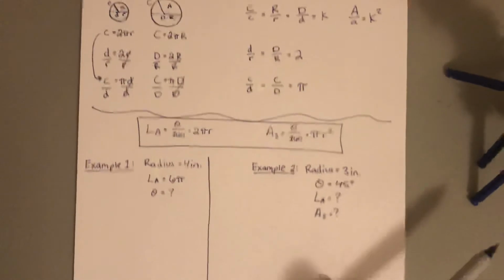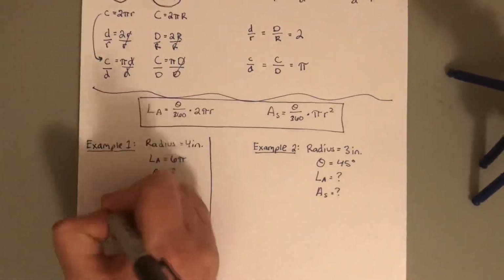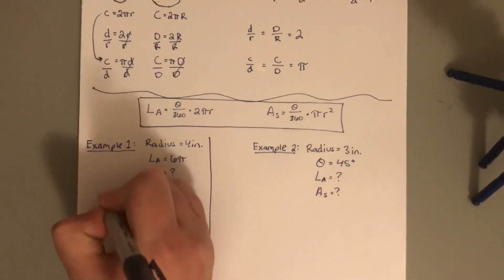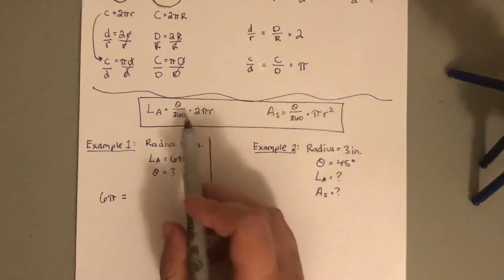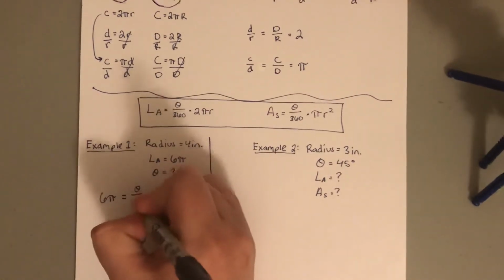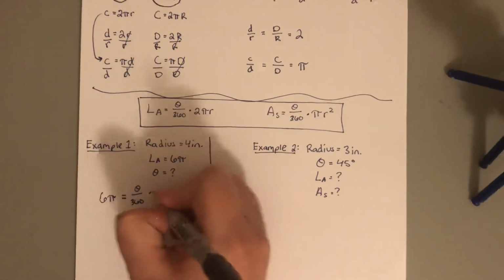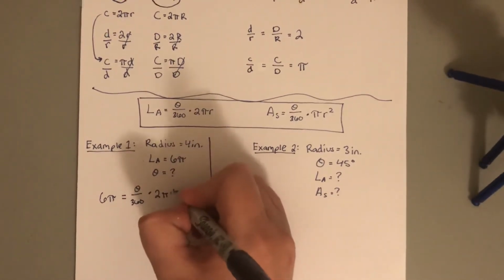Let me move this up a little here. So the length of the arc is 6 pi, so I'll start with 6 pi equals the central angle, which we don't know, divided by 360, times 2 pi times the radius, which is 4.